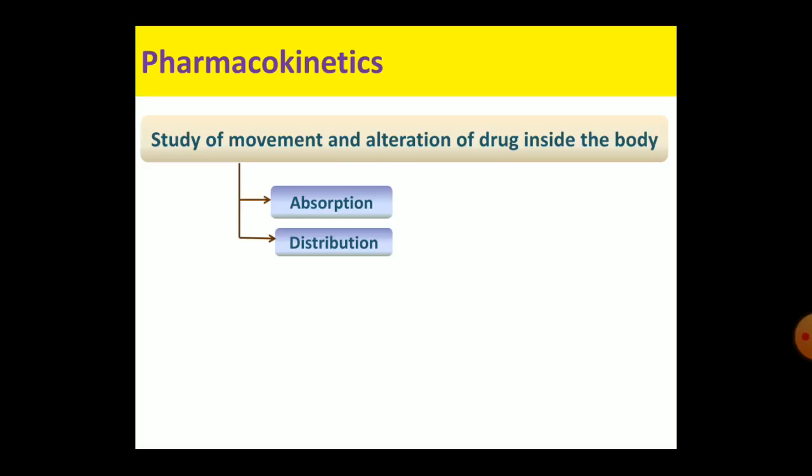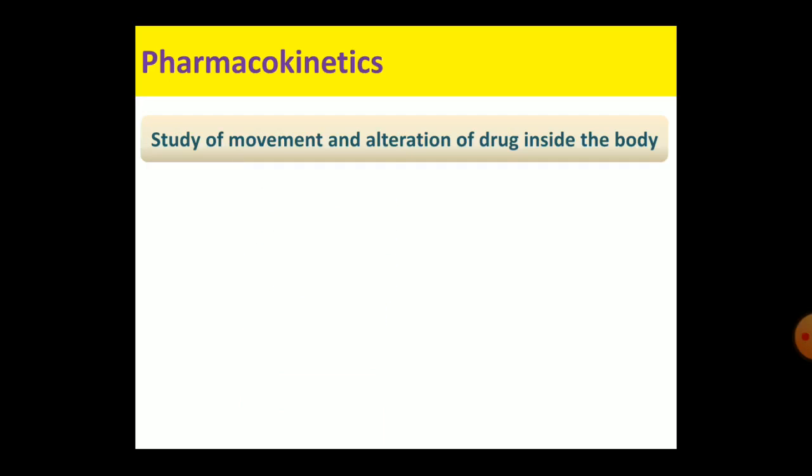Now once the drug produces its desired action, there are two possibilities. Either the drug enters the liver and is metabolized, and after that it is eliminated by the kidney, or the drug is primarily eliminated unchanged by the kidney.